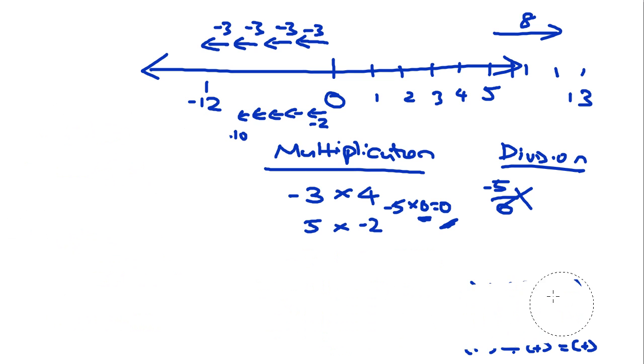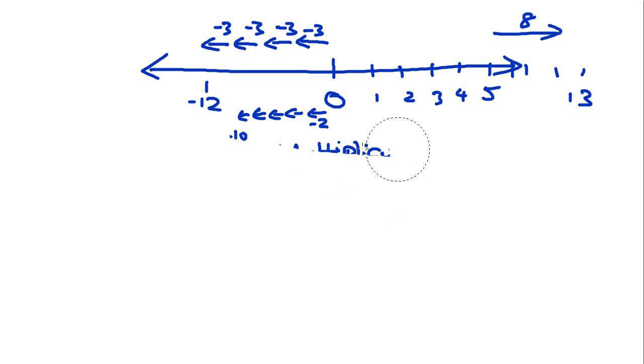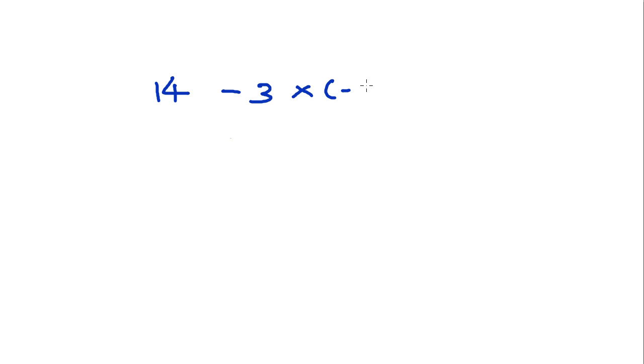So let's end the chapter by doing an example of a question that has both positive and negative numbers, and also multiplication or division with addition. Let's have this example: 14 minus 3 multiplied by -8 minus 5.